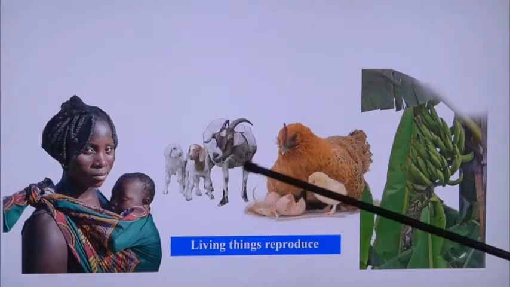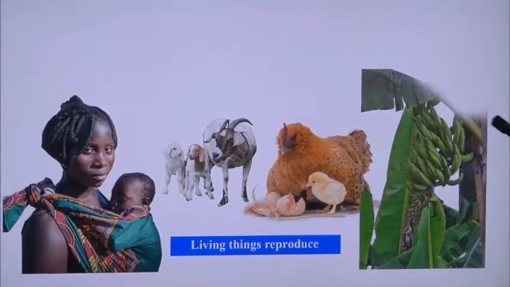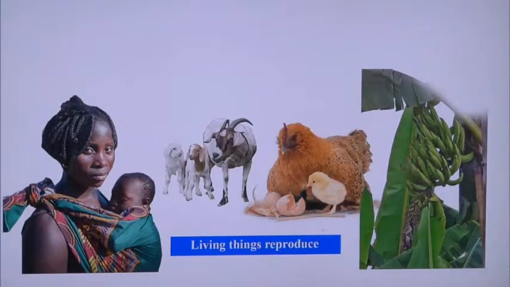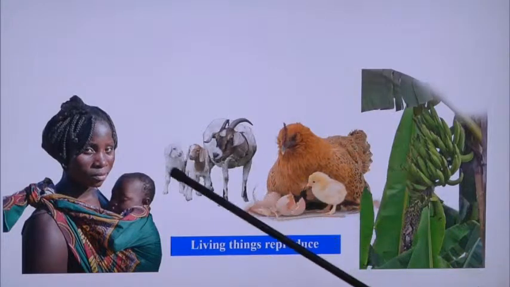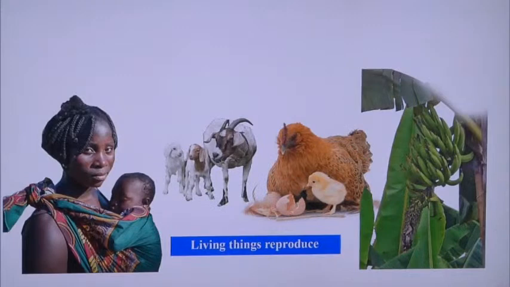Let's look at the goat. The goat has 8 kids. It also reproduces. And we have 2 kids. And as time goes on, its generation will also do what? Increase. And then we get so many of them. So the goat has also do what? Reproduce.